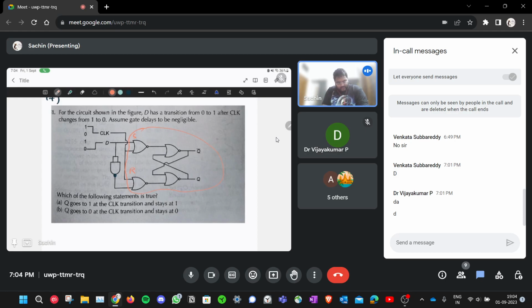If you have NOT gates, you can simply give S and R. If you use NOR gates, then in this line you have S and Q bar, here you have R and Q.